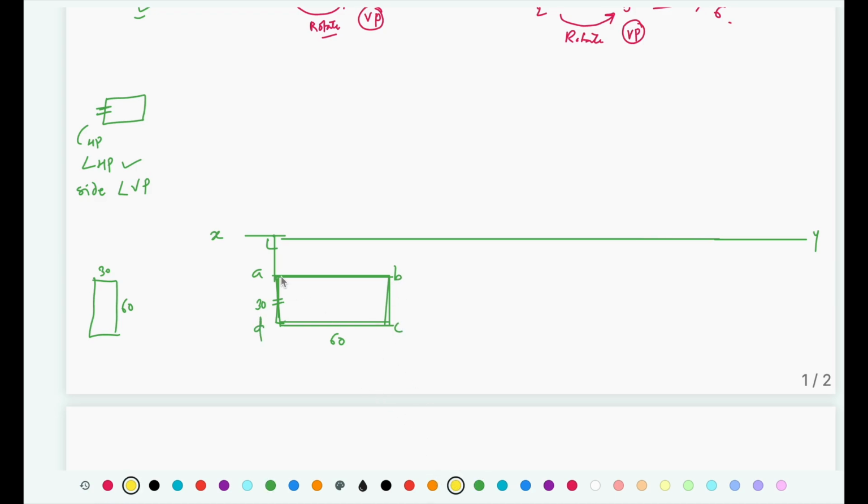Now project all the points for the front view. Now the plane was resting on one of its side in HP. If that side is in HP, it means its front view is going to be located on XY line.